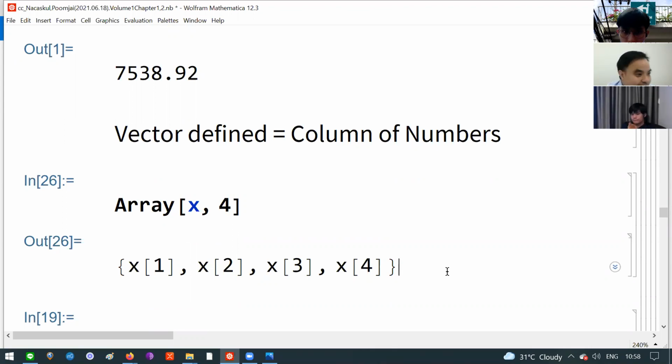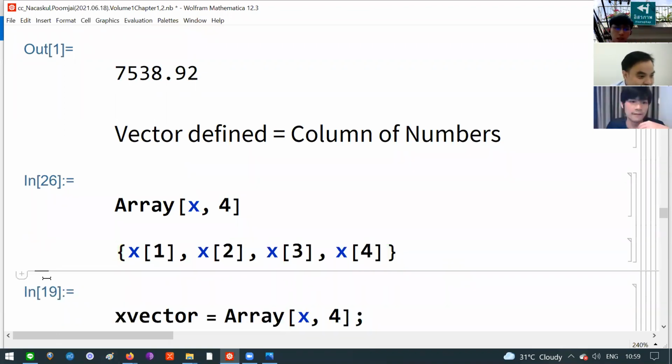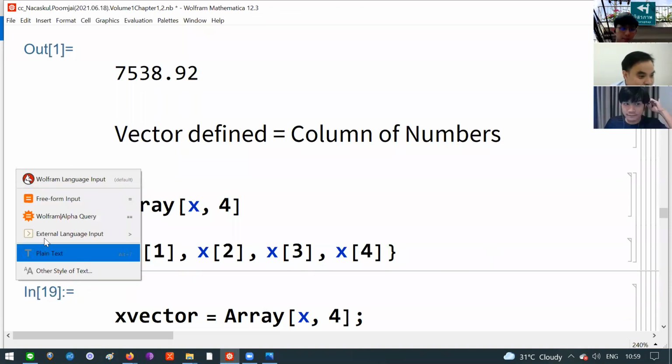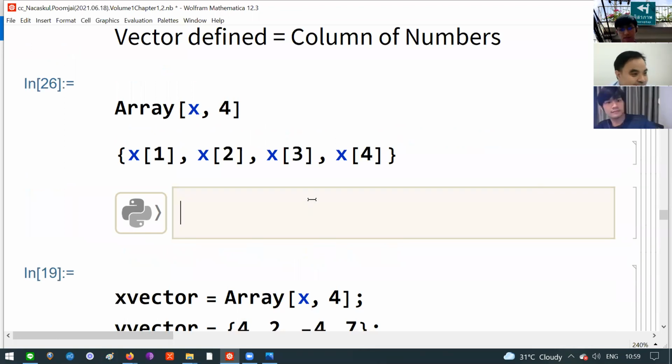Now, Python, I think, we use different brackets, right? I think we use it for the list, right? In Python, if you want to say vector x is equal to, you have to say something like, what, square bracket first?